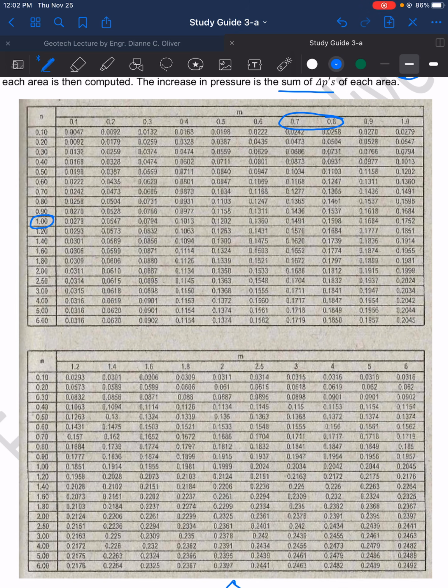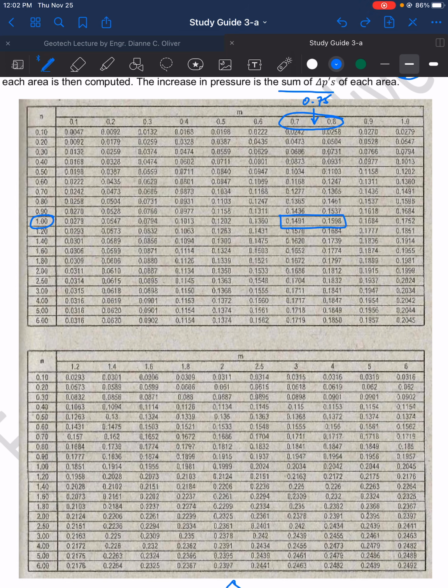Therefore, we need this. So again, M is 0.75. So it's very obvious that you can get the value for I sub z. You just divide the sum of 0.4091 and 0.1598 into 2.